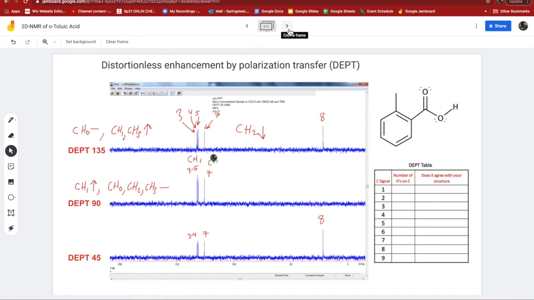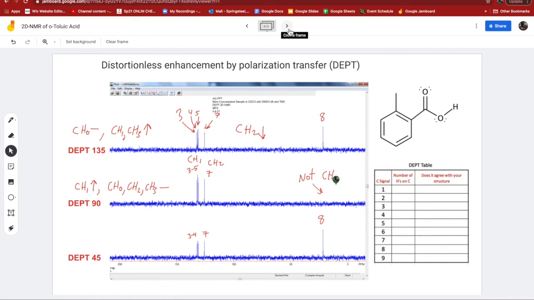CH1. Okay, now hopefully this will start to make even more sense with signal 8. When I'm looking at the depth 135, it tells me that it's pointing up. It's either a CH1 or a CH2. When I come to the depth 90, it's no longer present. That means it's not a CH1, because only CH1s show up. So it's gone, so not CH1.